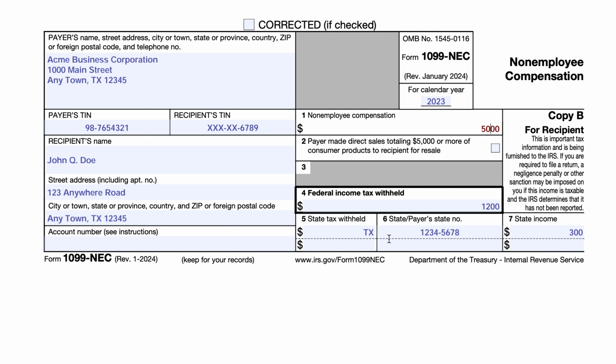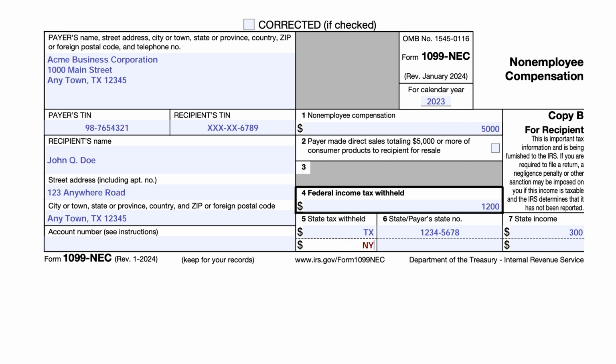And what you would see in fields 5 through 7 are the two-letter abbreviation for the state. If the payer has an identification number as part of the registration with the state, you would see that there. And then you would see the state income. So this is how much tax was withheld that got remitted to the state. And there's room for up to 2 states.